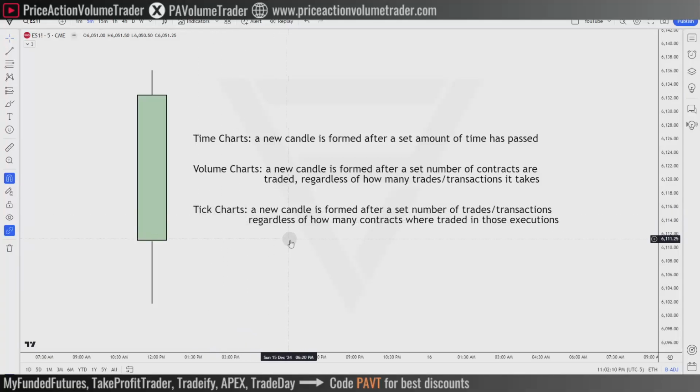So if we have a 1,000 tick chart, it would take 1,000 different executions for it to form a new candle, a new candlestick. Okay, so we're not measuring total volume traded, we're measuring total transactions.